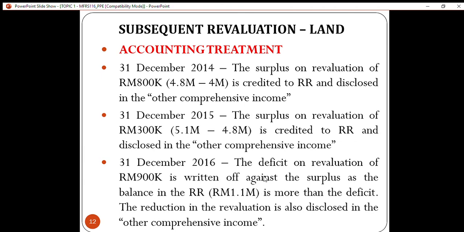So how do you get the amount of RM 1.1 million? That is from the previous surplus on revaluation, RM 800,000 plus RM 300,000. So the balance of the revaluation reserve is RM 1.1 million. And the reduction in the revaluation is also disclosed in the other comprehensive income.